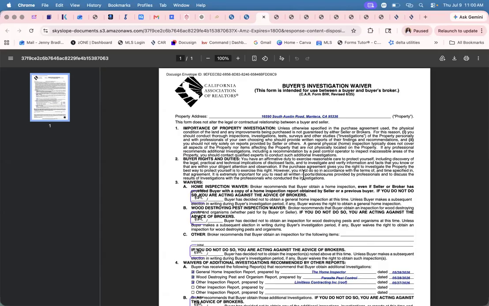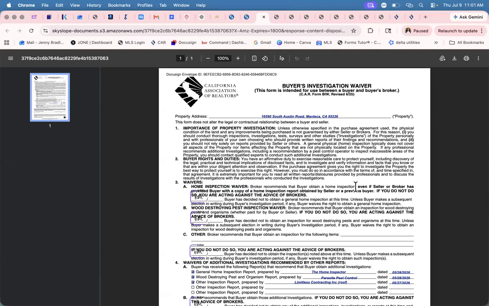And then the buyer investigation waiver, a lot of people get the two confused. You can see right here, home inspection waiver: broker recommends that buyer obtain a home inspection. For any client, we have to recommend that they do inspections no matter what.